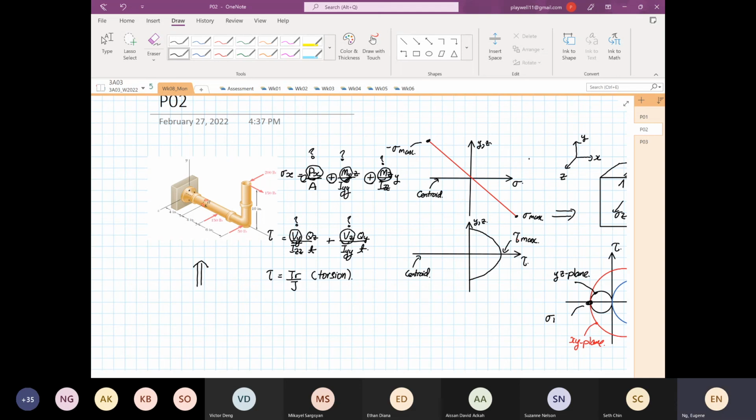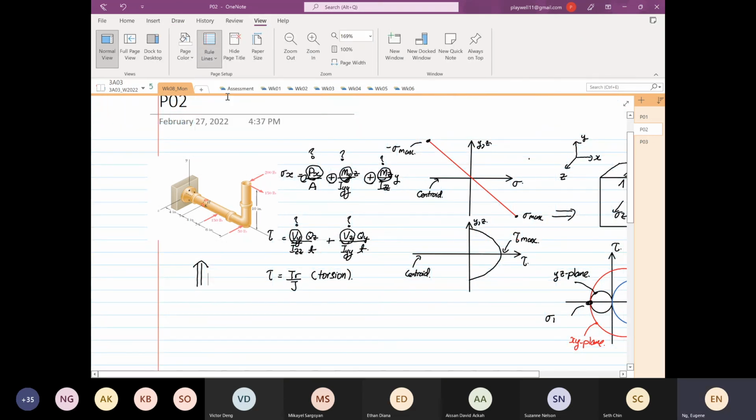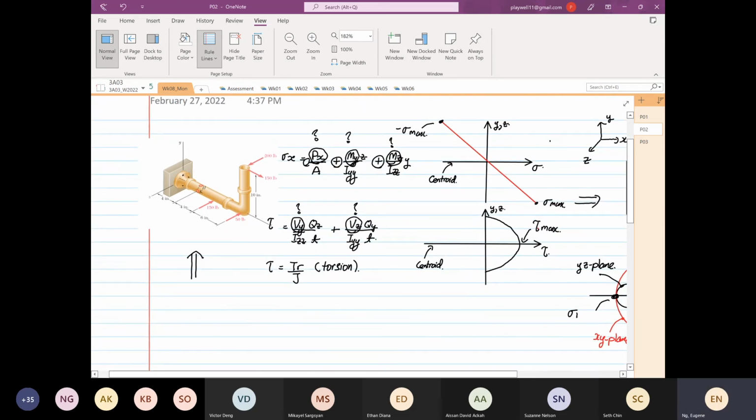The first one that we're going to design is beams under shear force and bending moment or bending loads.